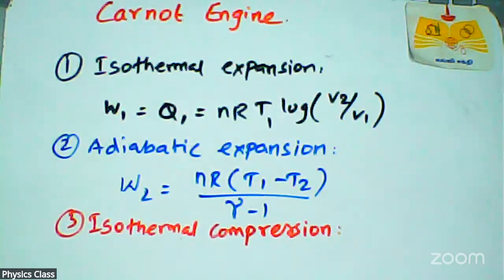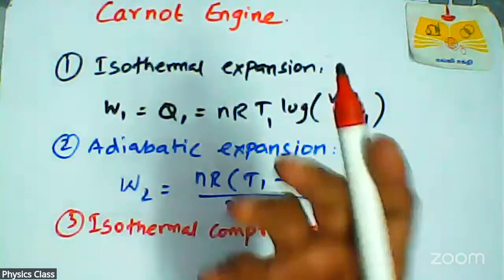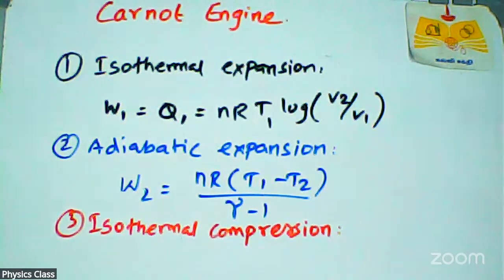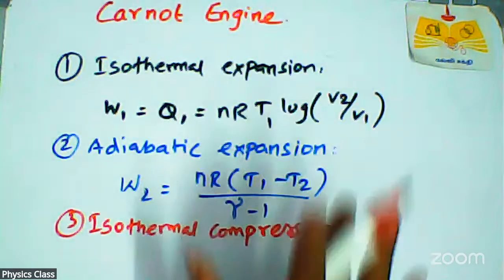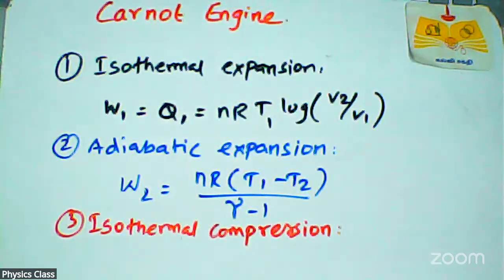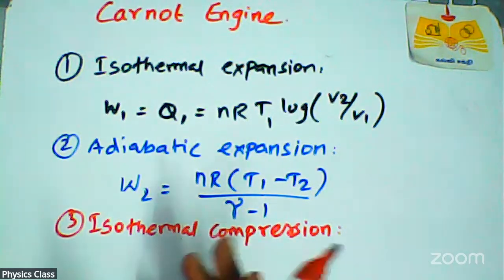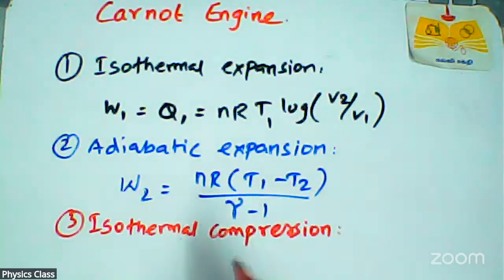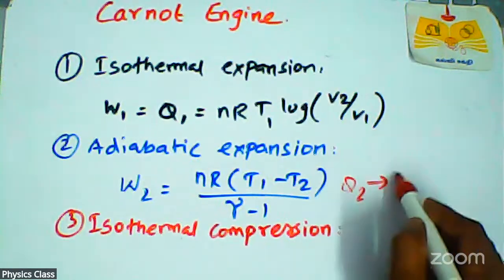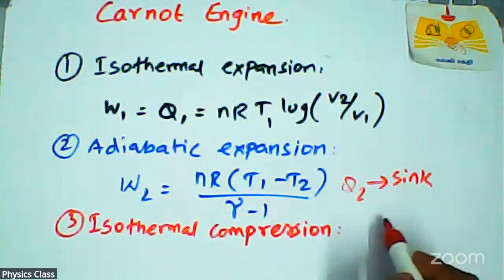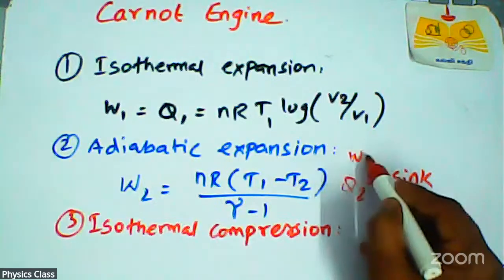The cylinder gas is compressed slowly, and the heat produced flows into the sink, so the gas maintains a constant temperature T2. The gas releases heat Q2 to the sink.